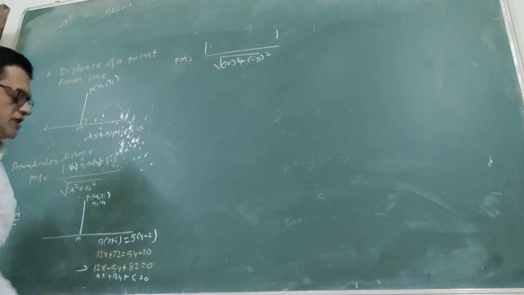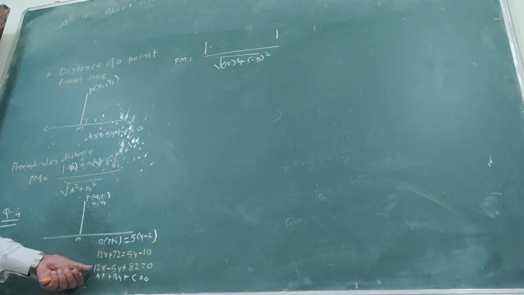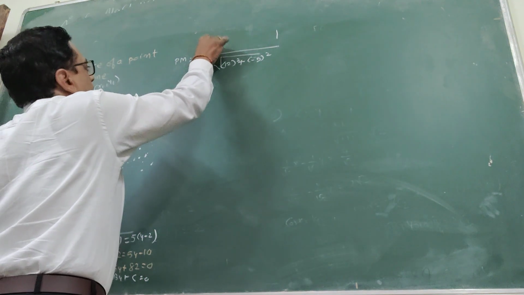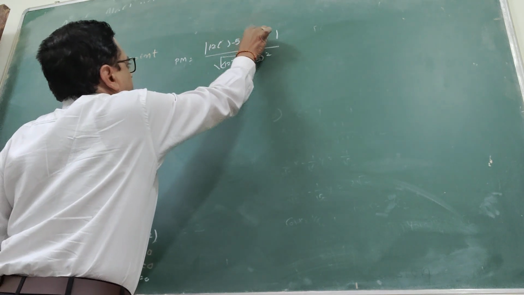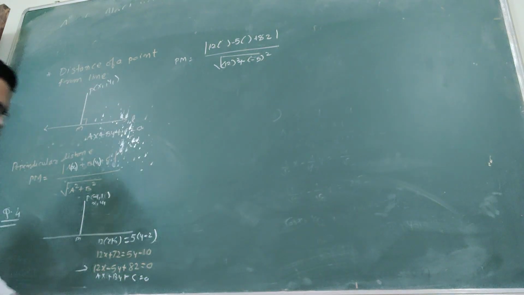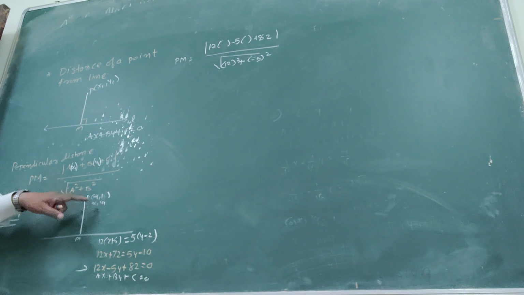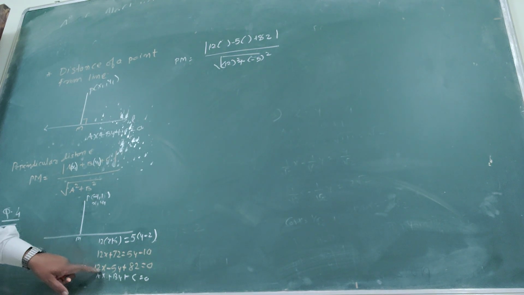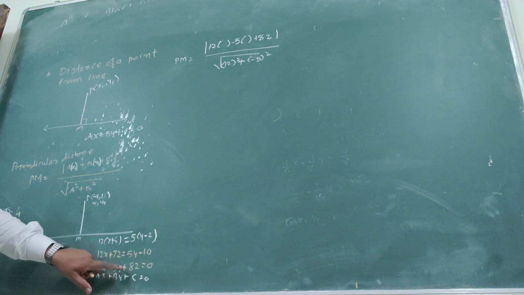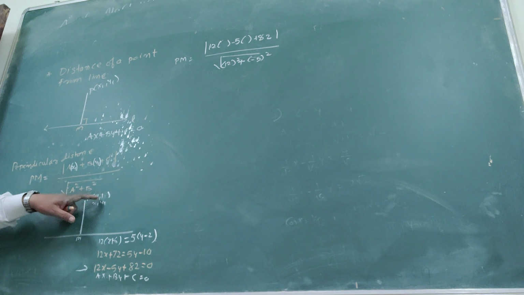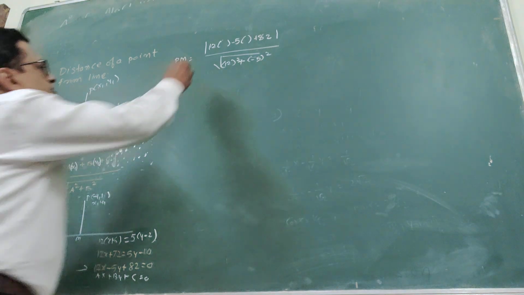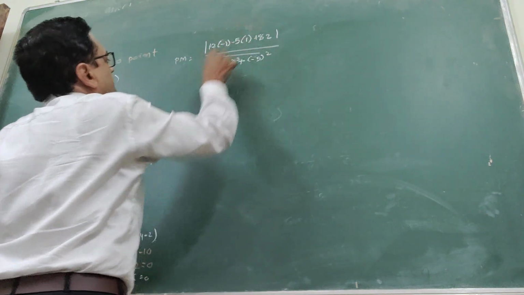Now in the modulus, write 12 into bracket, minus 5 into bracket, plus 82. In the brackets we put x1 and y1 in the equation 12x minus 5y plus 82. The values of x and y we take from here: minus 1 and 1.